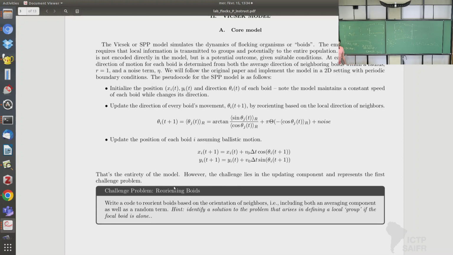So this first question is not asking you to implement the whole code with the initial condition. It's basically only asking you to write a function that, given one bird that has position x, y, and direction theta, writes the reorientation rule, okay?